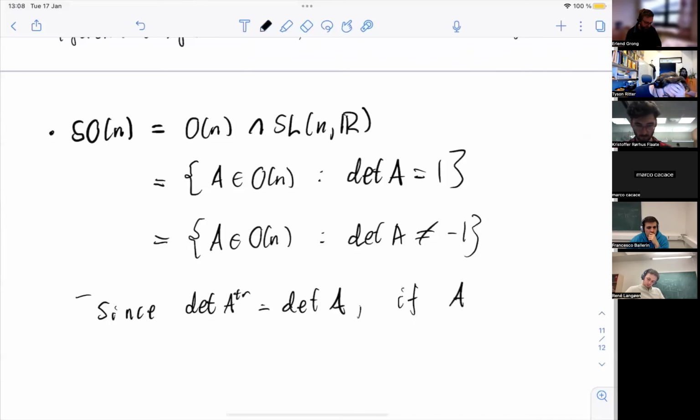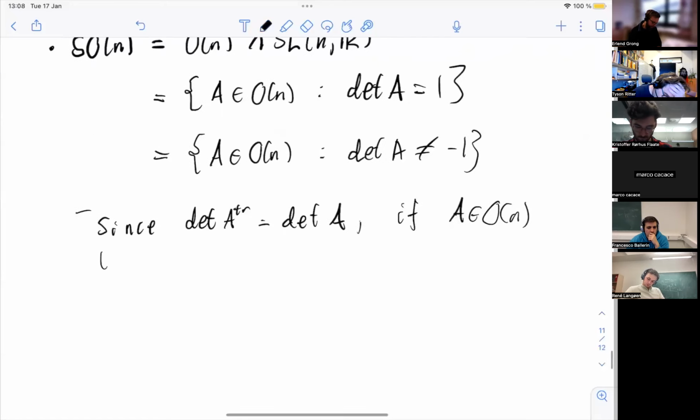If A is in the orthogonal matrices, then I have that A times A transposed should be the identity.